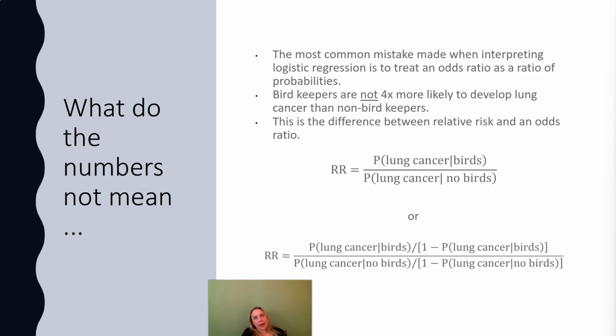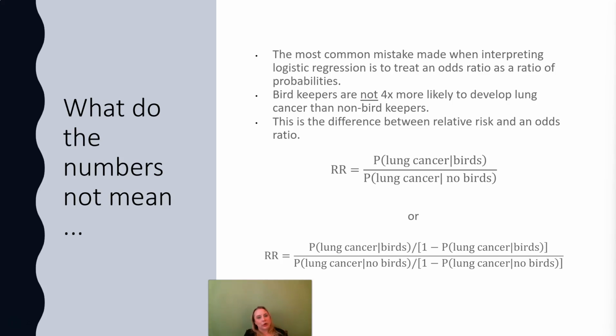One of the most common mistakes made when working with logistic regression is forgetting how to treat our odds ratio and looking at the ratio as a probability. One thing we need to keep in mind is that our bird keepers are not 4 times more likely to develop lung cancer than non-bird keepers.